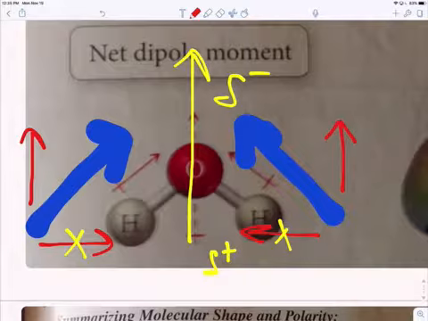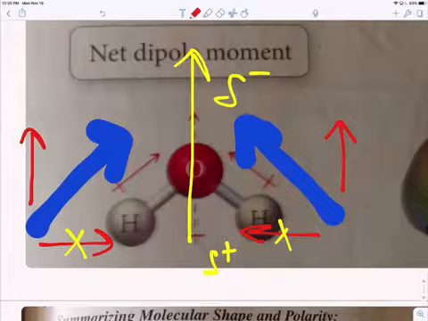So this is a polar bond. But if you look at the vector, so it's bent, we have the arrow pointing this way, and we have an arrow pointing this way. And this diagonal arrow, you can break it up, so an arrow going this way, you can break it up into a component this way and a component this way.